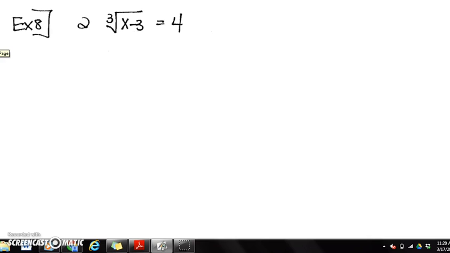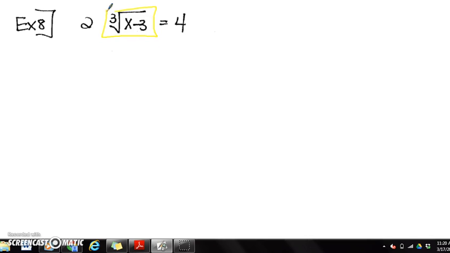All right. What do we do on 8 when there's this 2 out here? Well, before you even start, the radical has to be isolated. To isolate it, you're going to divide each side by 2. And you will get the cubed root of x minus 3 equals 2.